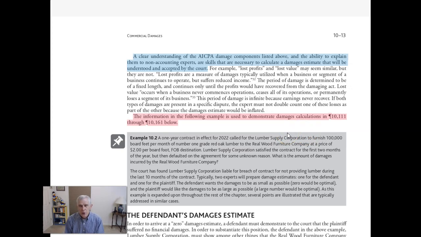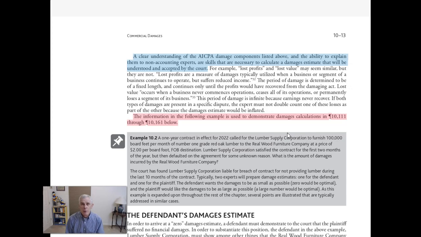As an accountant, you're working with a lot of non-accountants, whether it's the attorney, the client, the attorney's client, the judge, the jurors. They're not accounting experts. So you'll need to be able to explain what you're doing and the accounting concepts the best way you can.